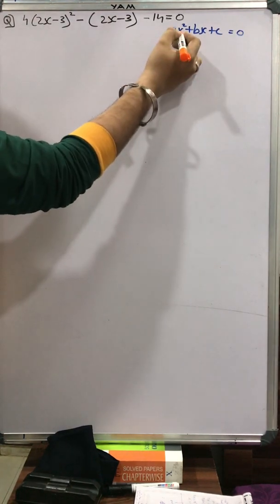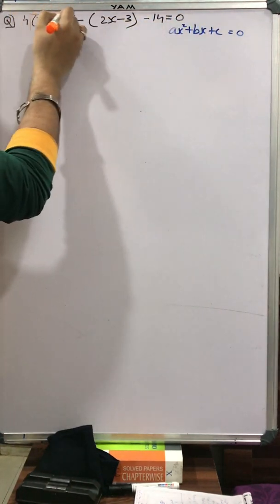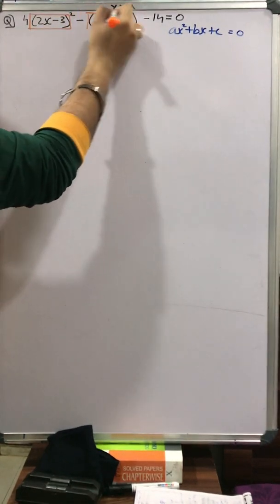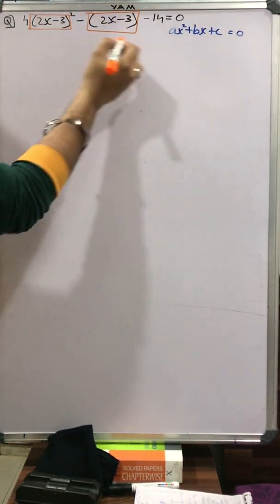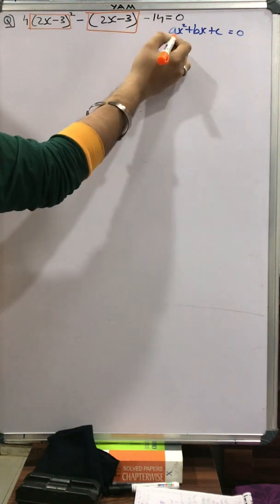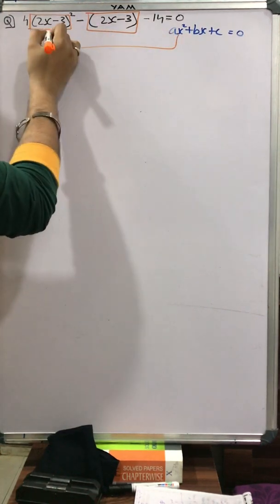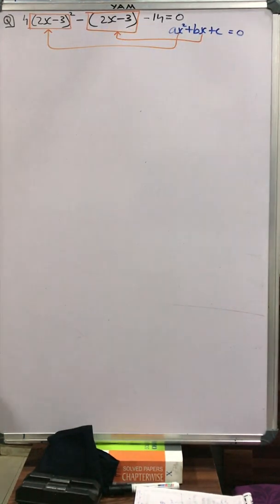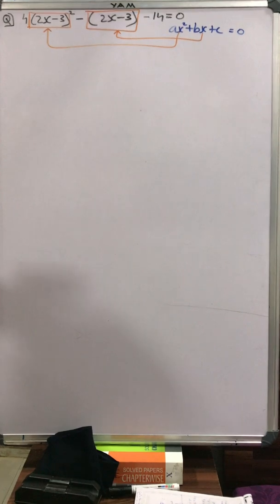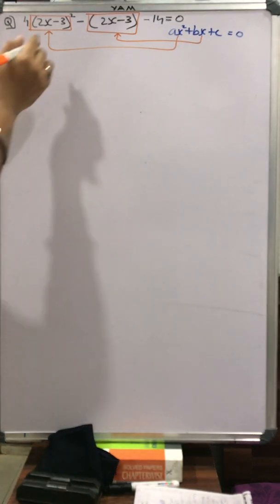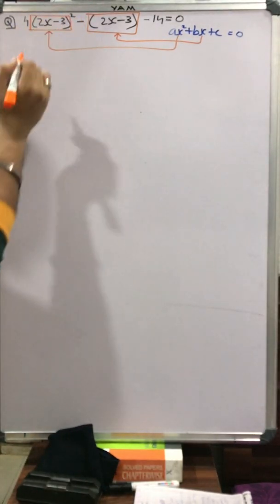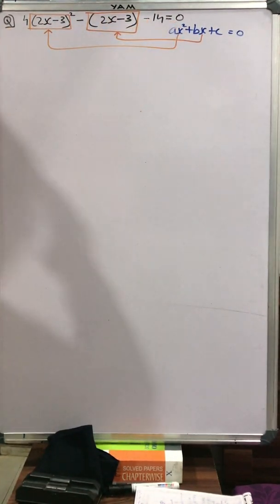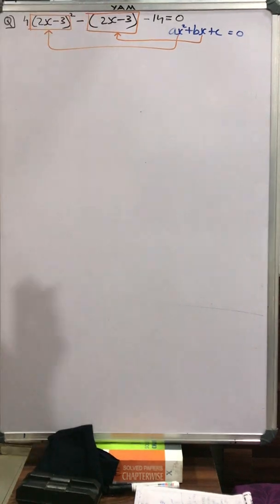Here, instead of x square, there is a bracket with a square, and then again I have that same bracket. So can I say this x square over here is like this bracket's square, and here I have x, so it's like this. So in my subconscious, if I visualize it like this, that this whole orange bracket is like x, so it's like 4x square minus x minus 14. Then only I can assume that it's a quadratic.